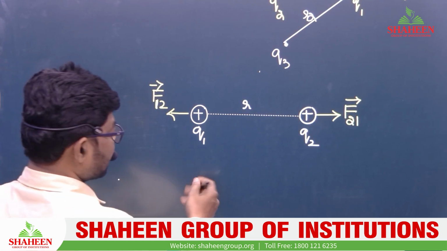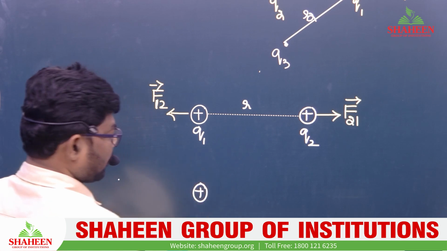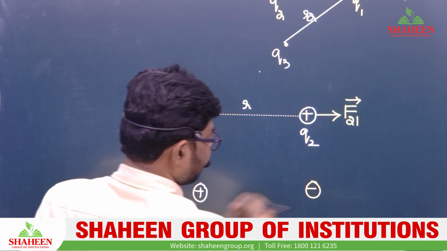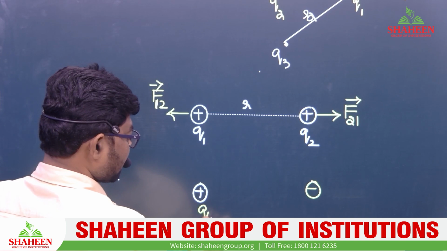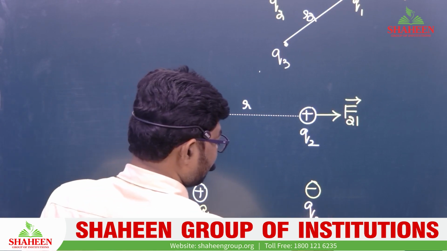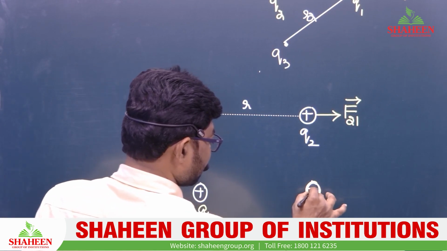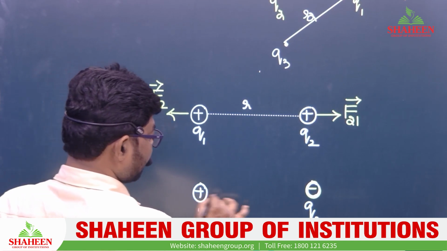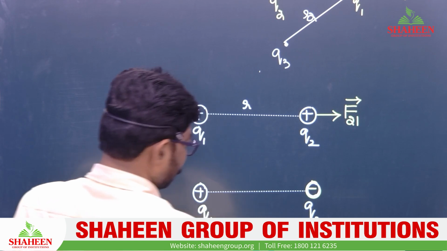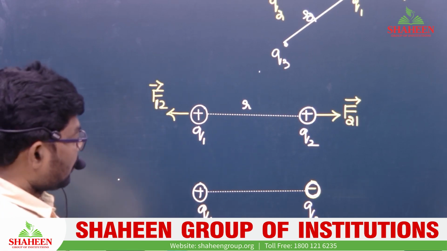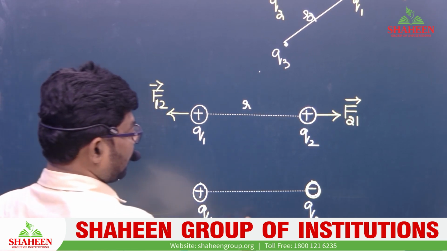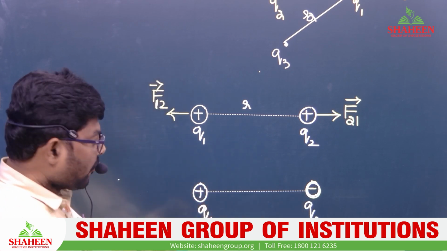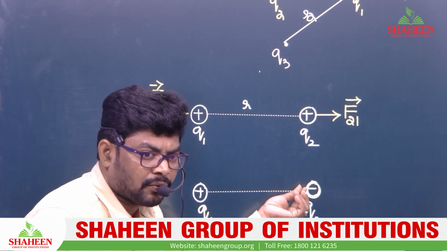Let us go for this is a positive charge, this is a negative charge, charge Q1 and charge Q2. So now both are separated at some distance r. Now from this one what we can write, these two attract.